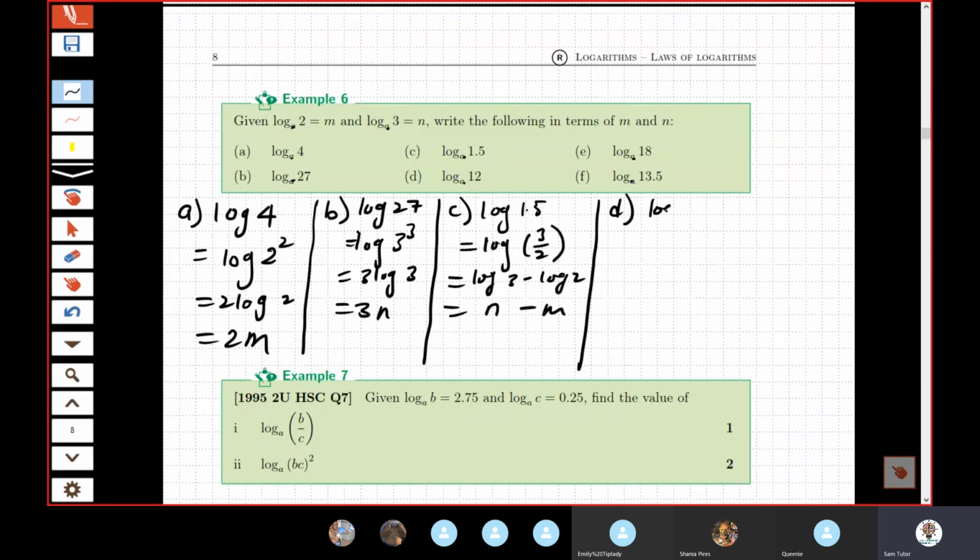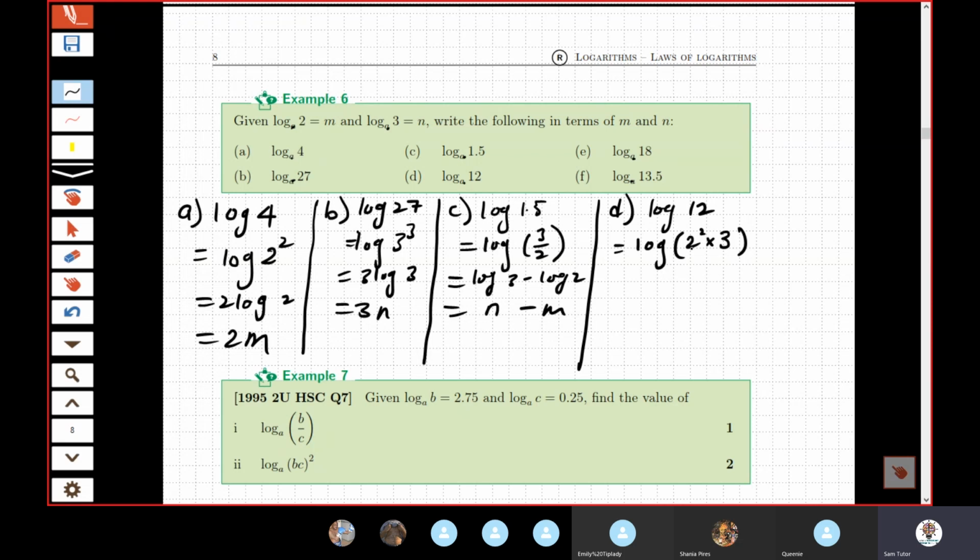Log 12. Who wants to try that one now? Novak? Log 2 squared times 3. Yeah, exactly.